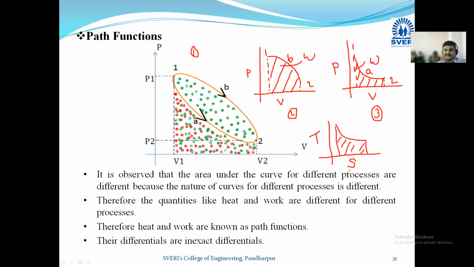That particular difference you keep in your mind. Heat and work are path functions. These are not dependent on the state, these are dependent on the path. When the path changes, their values change.